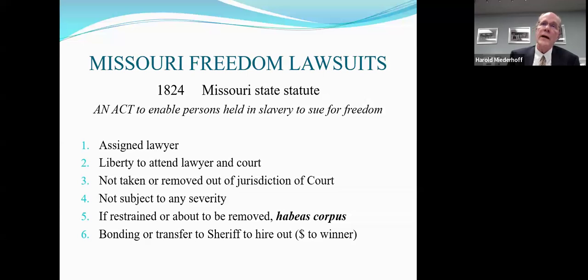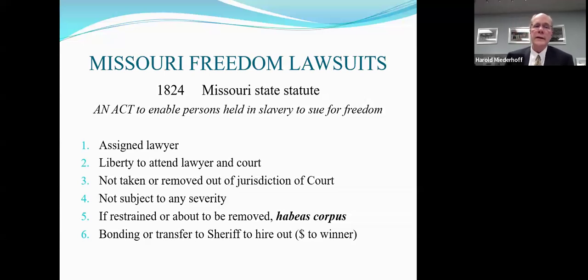However, the statute went on to say that if there was the restraint or the violation of allowing the slave to see his lawyer or any beatings, anything like that, the judge could bring the slave before the court and require the master to either file a bond, a dollar amount that said that there would be no more beatings, no more removal from the state's court's jurisdiction.